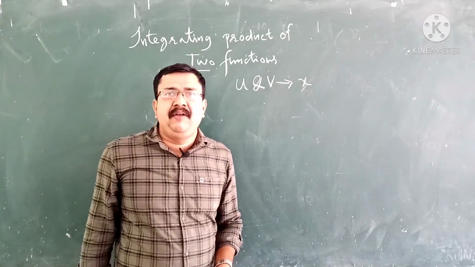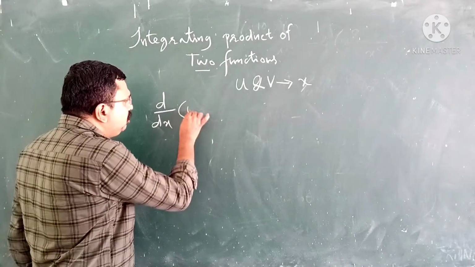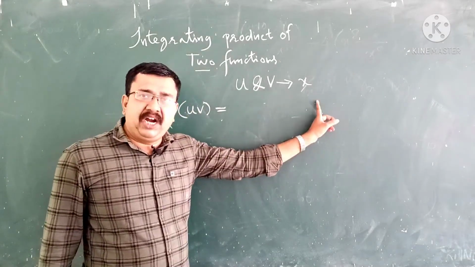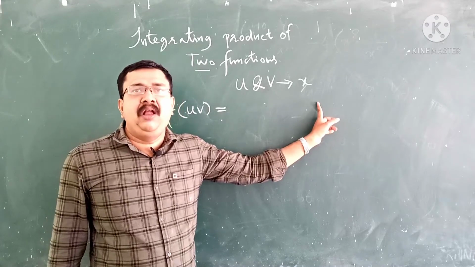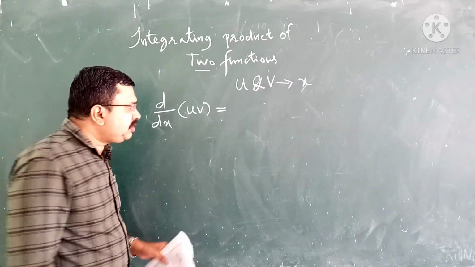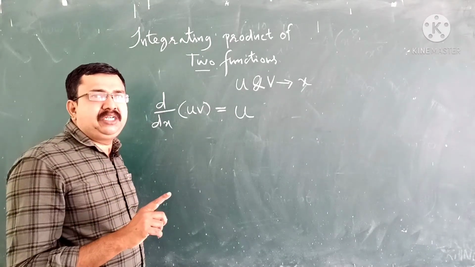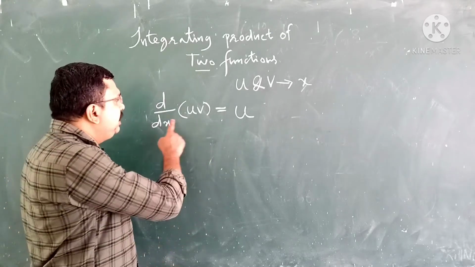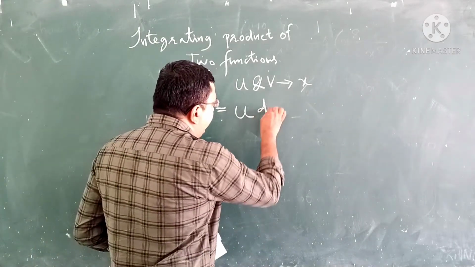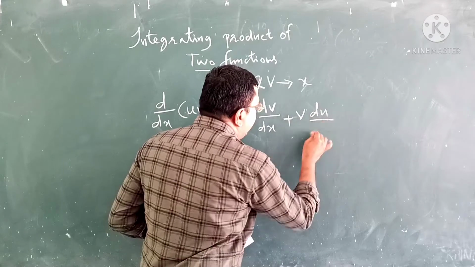Then by the product rule we can write d by dx of uv is equal to first function into derivative of second plus second function into derivative of first, that is d by dx of uv is equal to u into dv by dx plus v into du by dx.